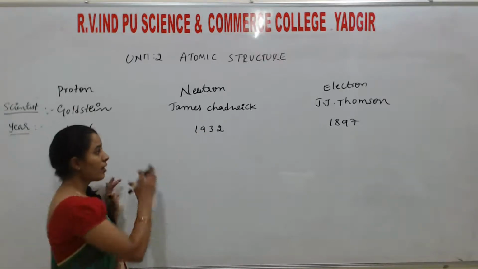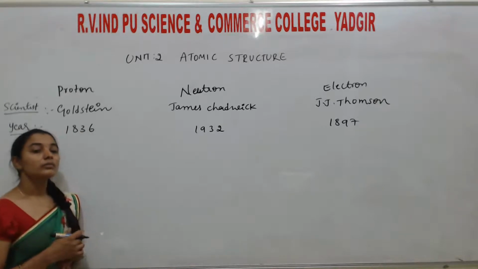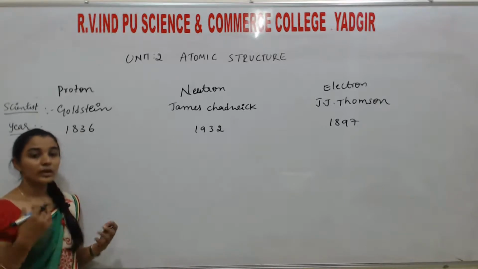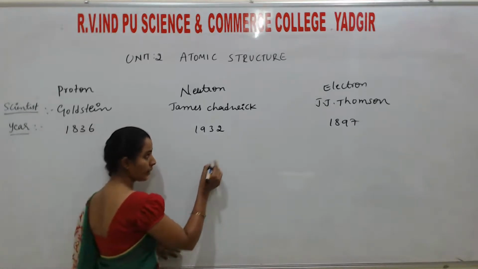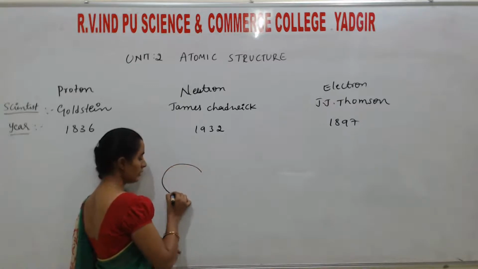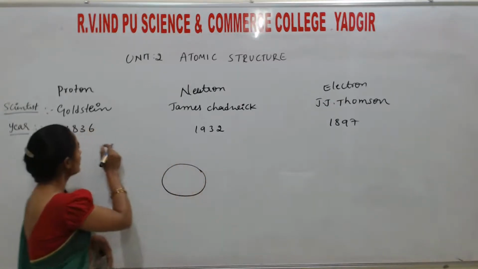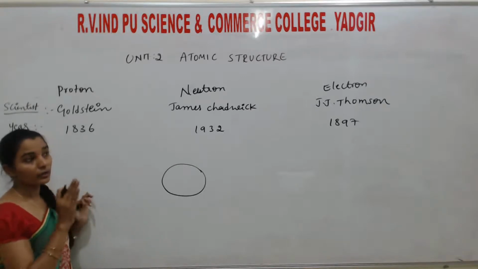So students, for this discovery of electron, proton, and neutron, they assumed so many structures and conducted so many experiments. How? Listen, I will give one example. J.J. Thomson first considered what? The protons are there because protons were already discovered at that time, and he assumed electrons are also there.